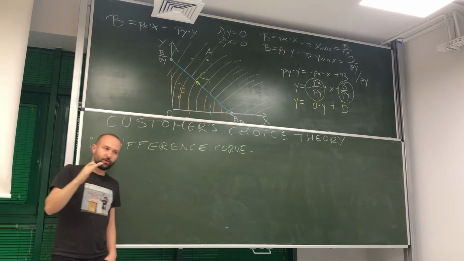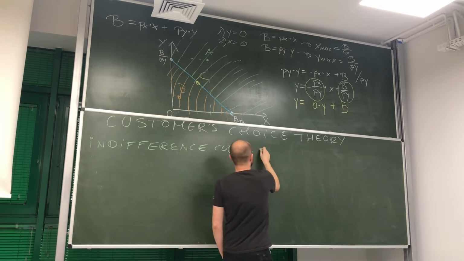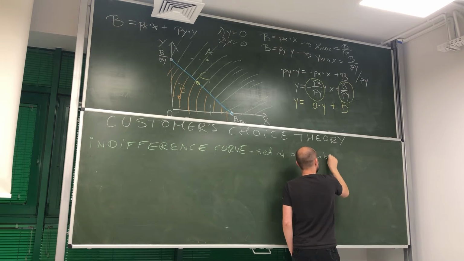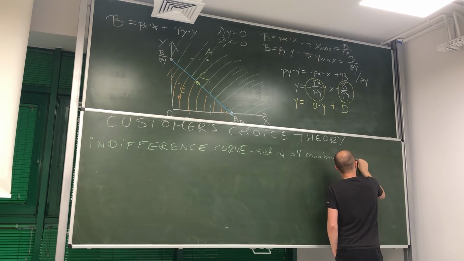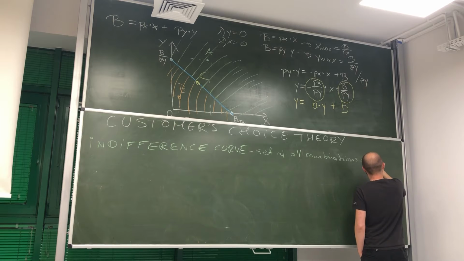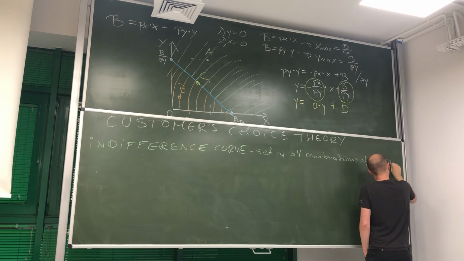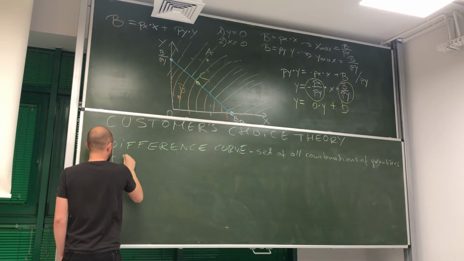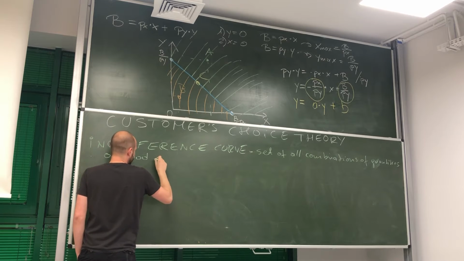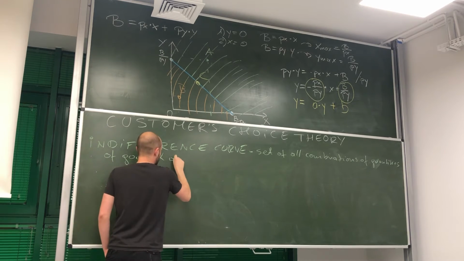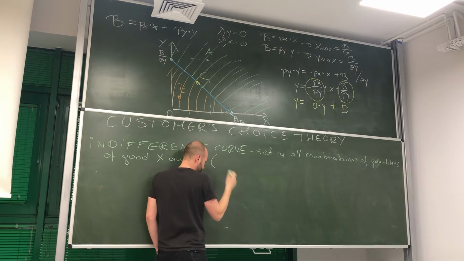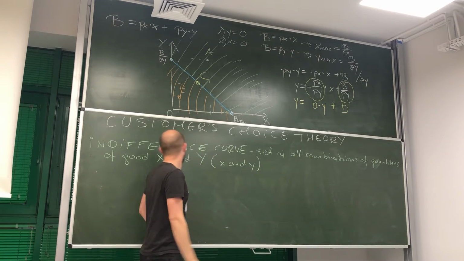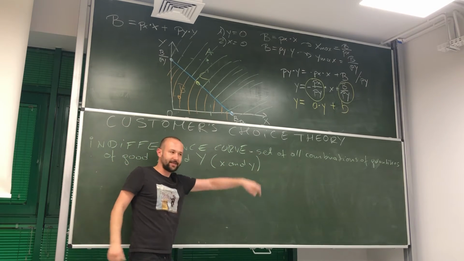Okay, and again, let's start with a precise definition. So this is a set of all combinations of quantities of goods X and Y. So we know that those are denoted by x and y, the names of the goods, their respective quantities, right?